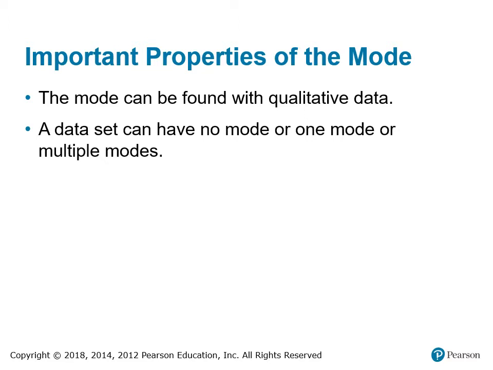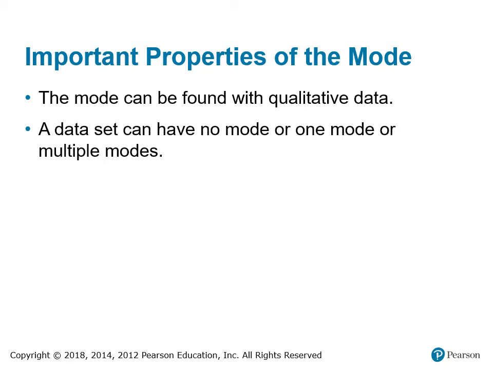So if we have colors of cars in the parking lot, as an example I use all the time, and you found out you had 20 yellows and 50 blues and 1,000 silvers in terms of your different car colors, the one that occurred most often would be your mode, and you would use that as your center.